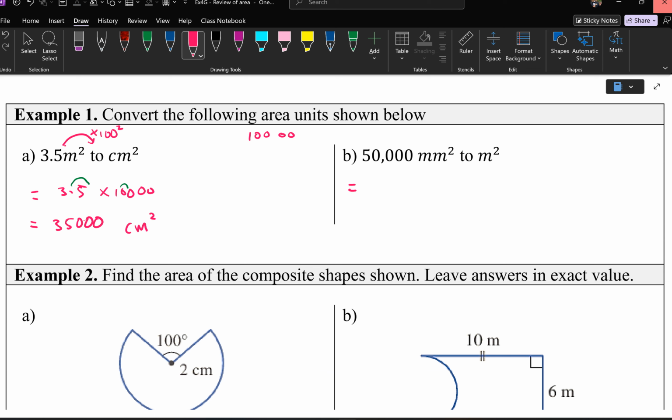How do I convert 50,000 squared millimeters to squared meters? Sunny. So you got times like 1,000 squared. Oh, 10,000 squared. Oh, 100,000 squared. And do it slowly.